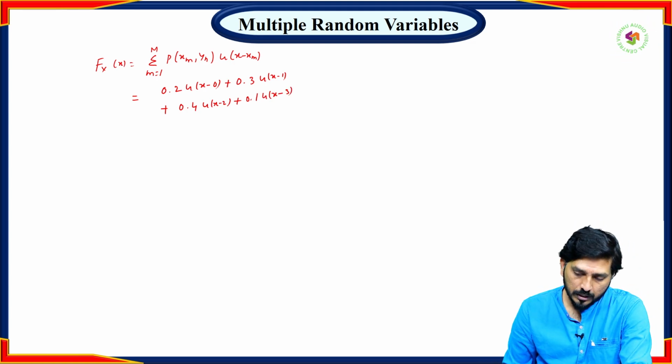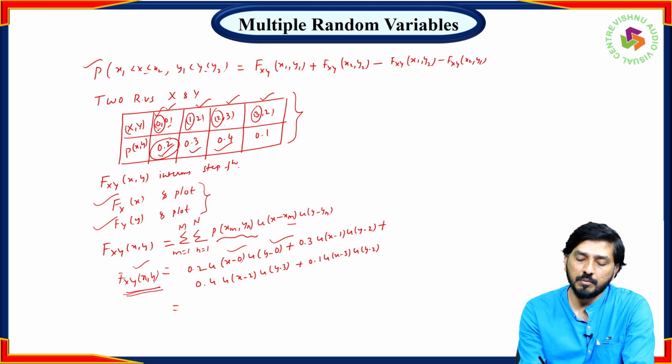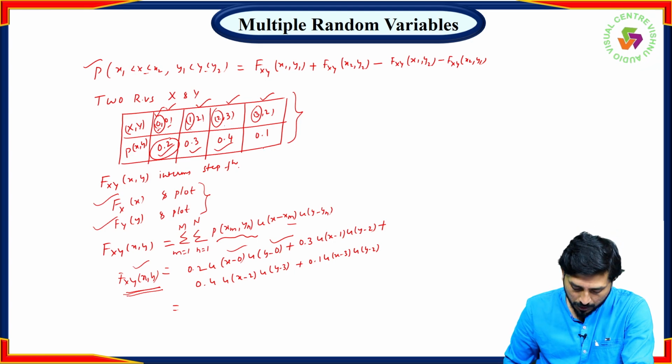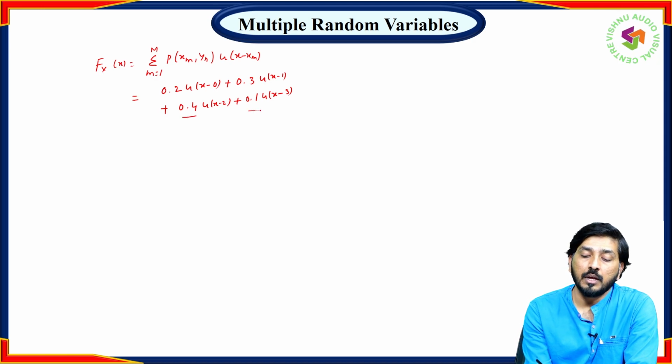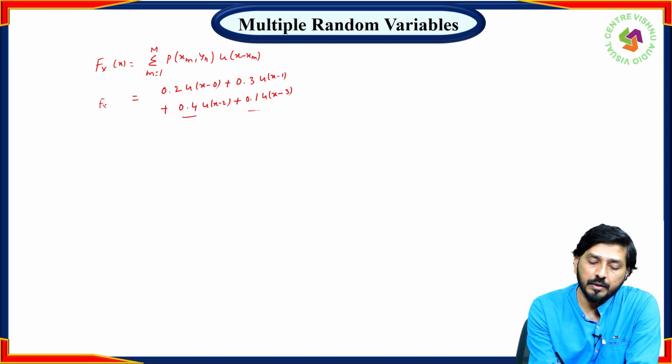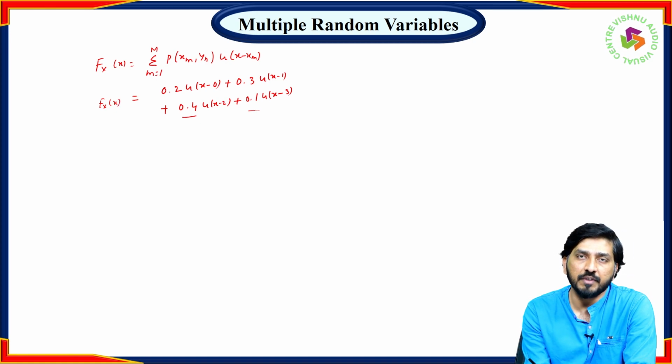Once you check it, the values of x are 0, 1, 2, 3 and the corresponding probabilities are 0.2, 0.3, 0.4 and 0.1. So these are correct. Now Fx of x, this is the expression for the marginal distribution function.